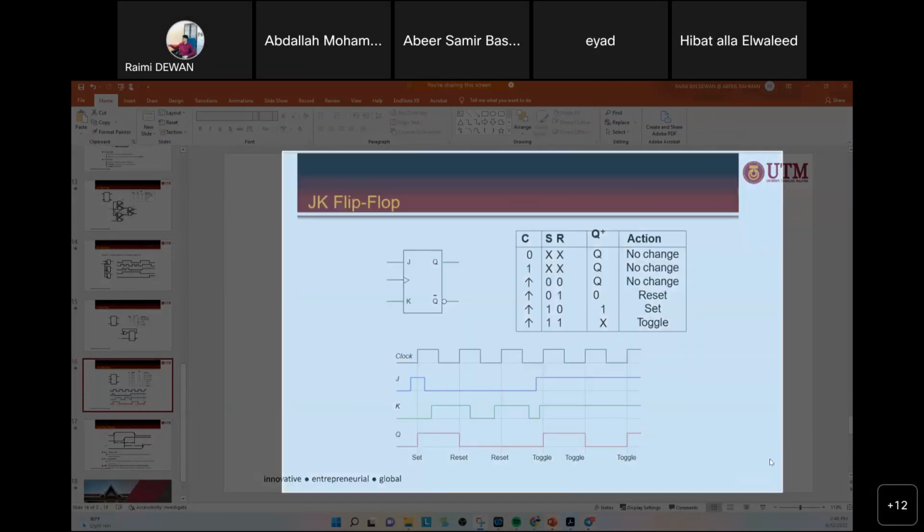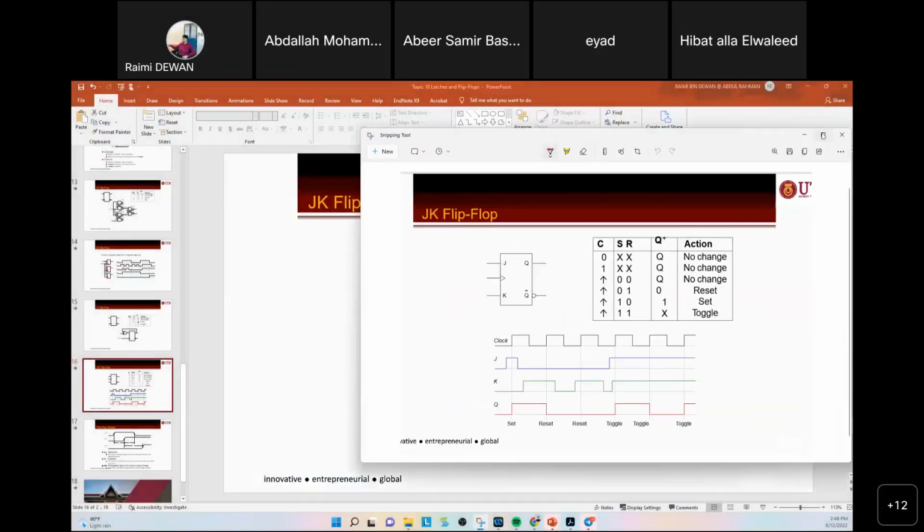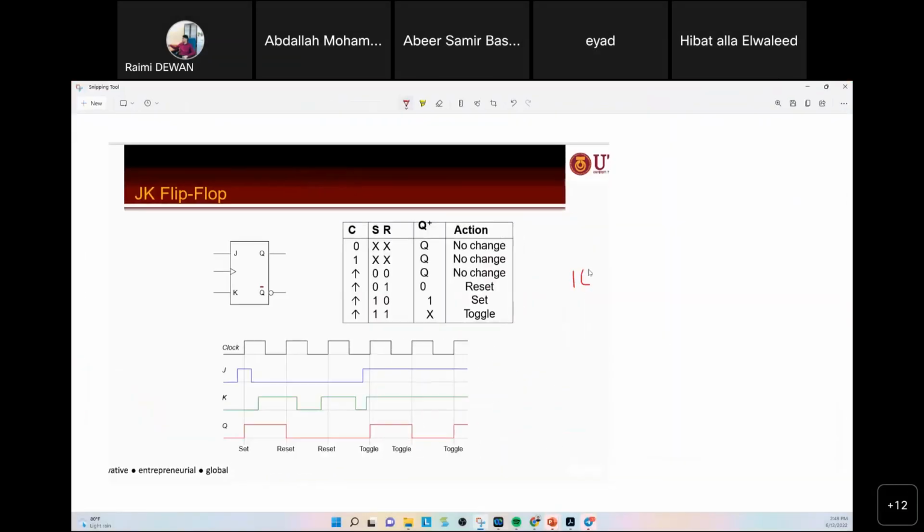10.5 you have done, but I will be checking it because we have yet to cover 10.5. 10.3, we will cover. You can ask me personally if you don't understand 10.3, but we have covered 10.1 last time. So try to do exercise 10.5 for the JK flip-flop, and then 10.7 and 10.9.